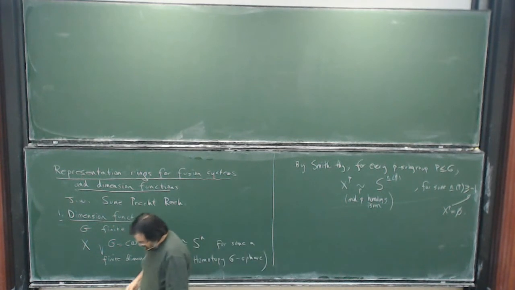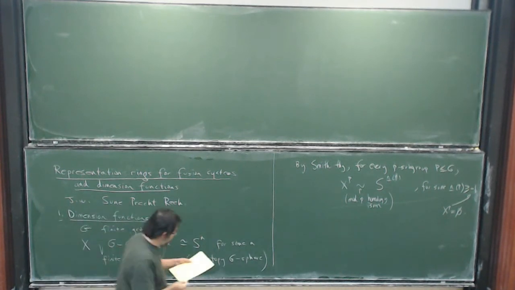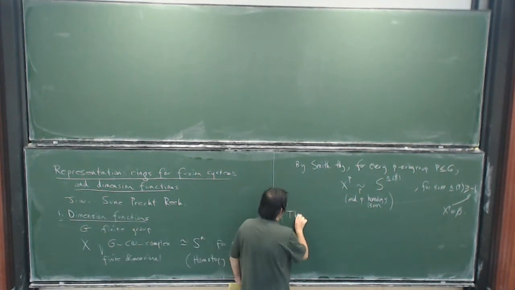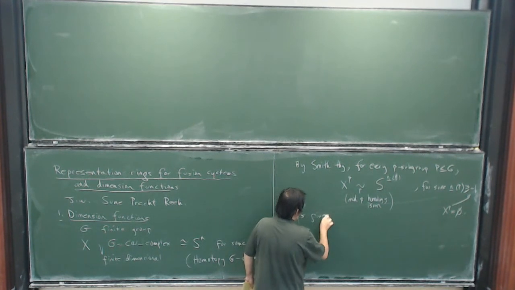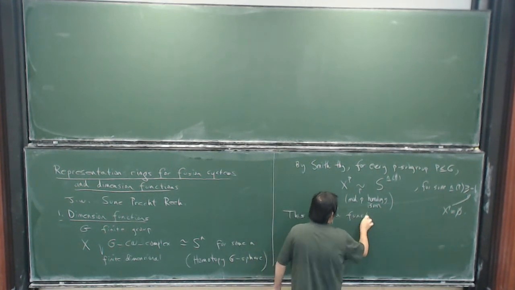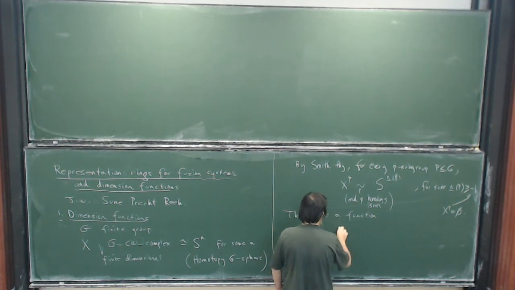So we have some dimensions. This gives a function. This is what we will be calling the eventual dimension function.